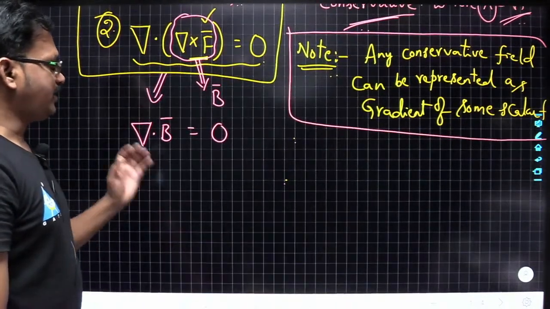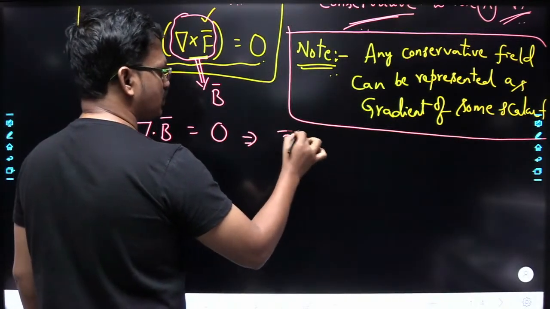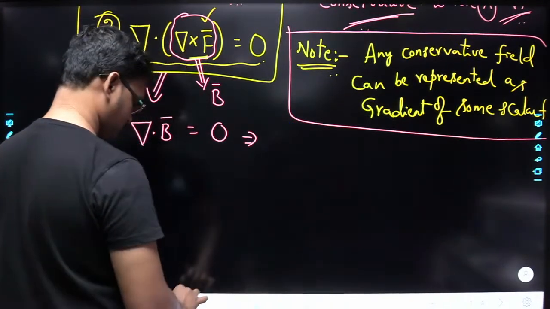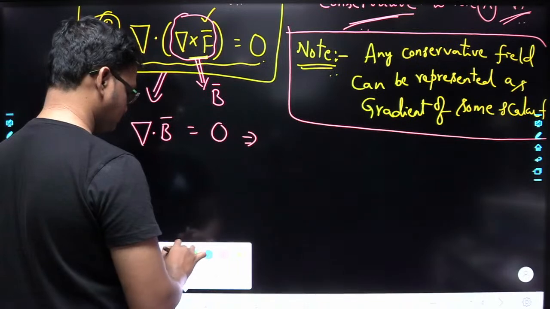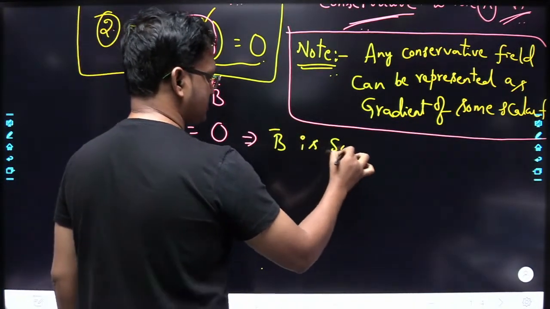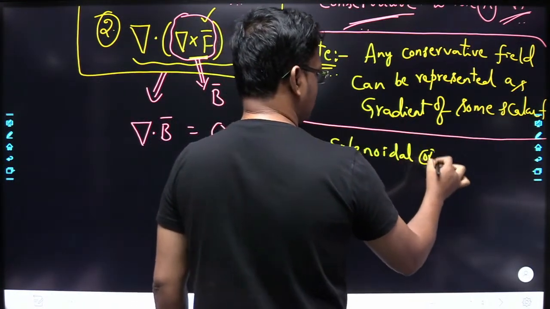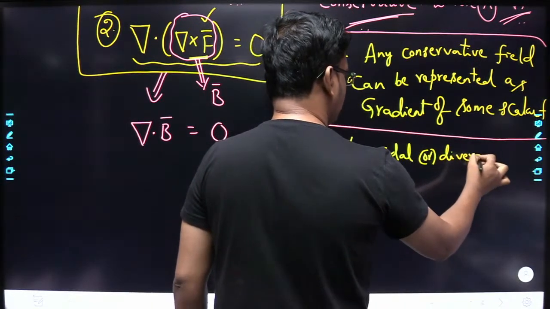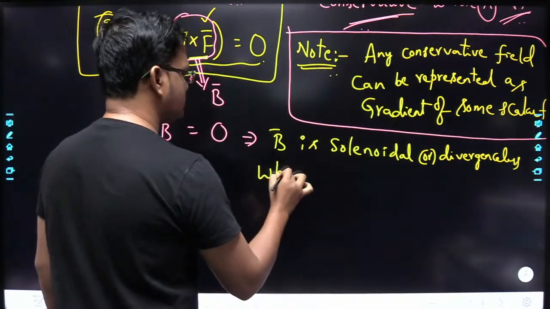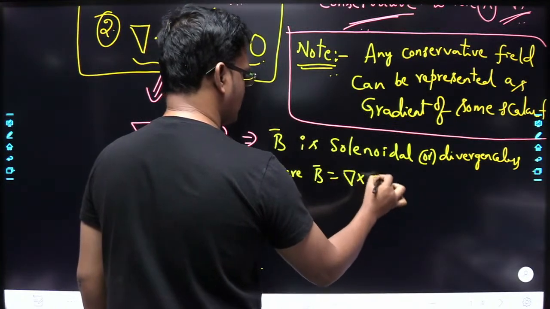What do you mean by divergence of b bar equal to 0? This implies b bar is solenoidal, or divergence-less, where b bar is equal to curl of f bar.